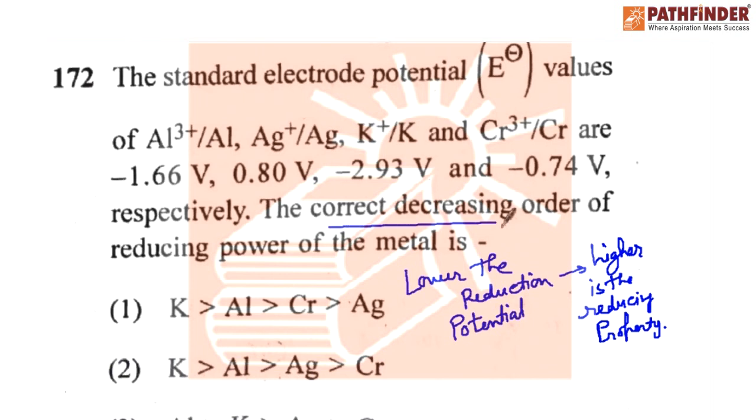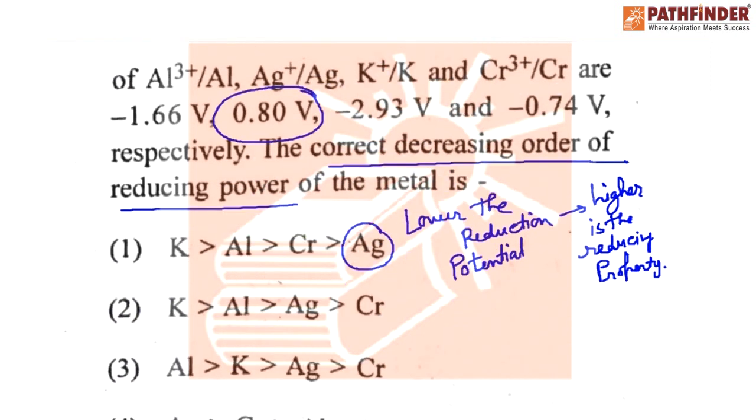We have to find the correct decreasing order of the reducing power, most reducing to least reducing. Okay, so here the reduction potential value of Ag+/Ag is more, so it will have lesser reducing power. So Ag will come at last.